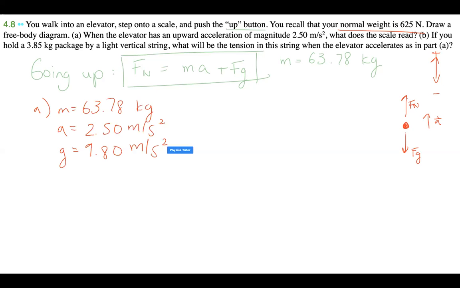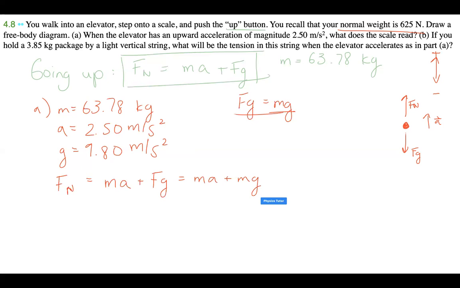And that is essentially everything that we need for this question. So Fn, we have our equation right there. We want to find out what the scale reads. So Fn is equal to ma plus Fg. And Fg, I know I never wrote this out explicitly, but it's just mg.